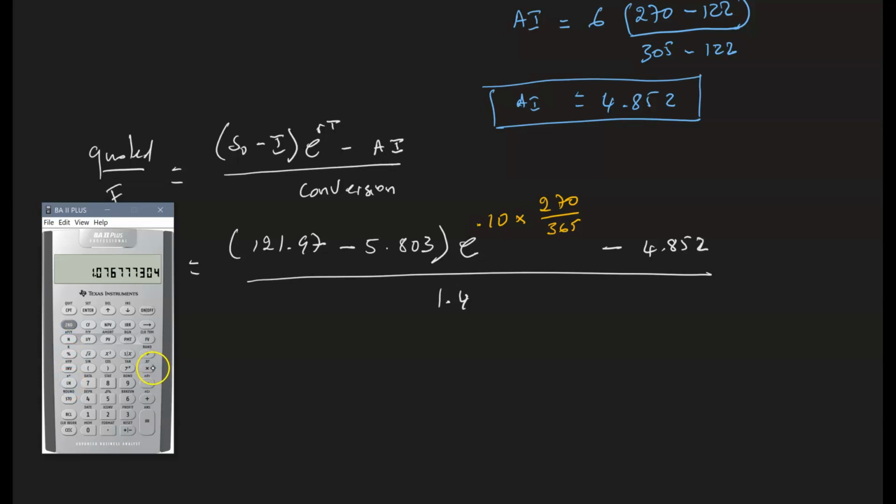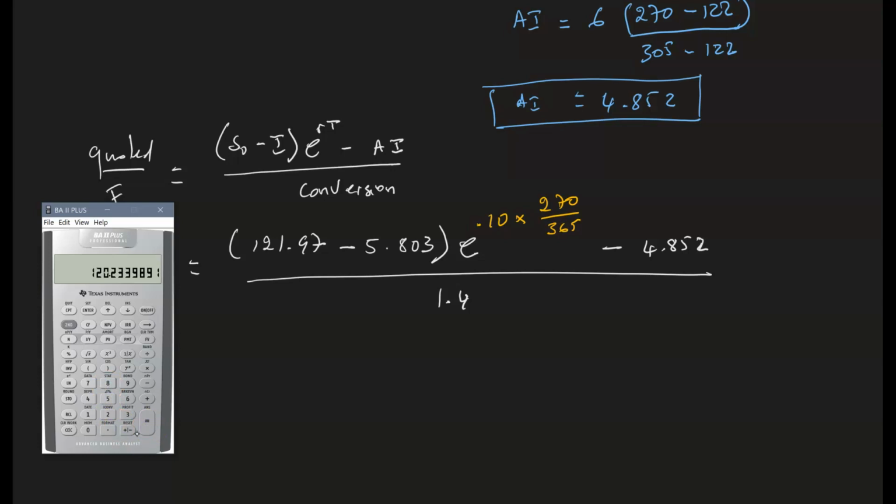That gives me 1.0767. And then I multiply that value by, open parenthesis, the difference between 121.97 and 5.083, close parenthesis, equal. So that is 125.08, and then I subtract the accrued interest, so minus my accrued interest, which is 4.852, equal.